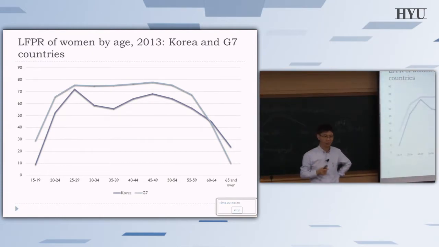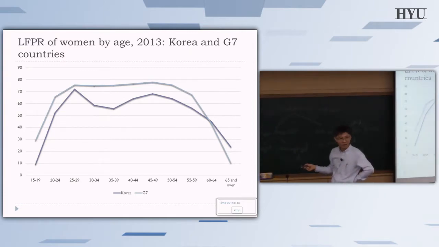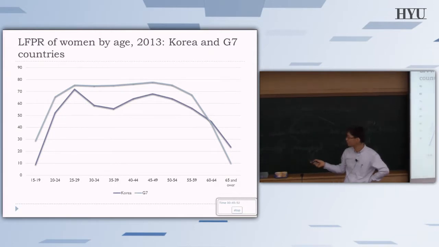There is a slight difference, but no such dipping. So if you compare them, Korean women's LFPR is much lower than G7 countries' in terms of level, and their shape is also different, especially this part.